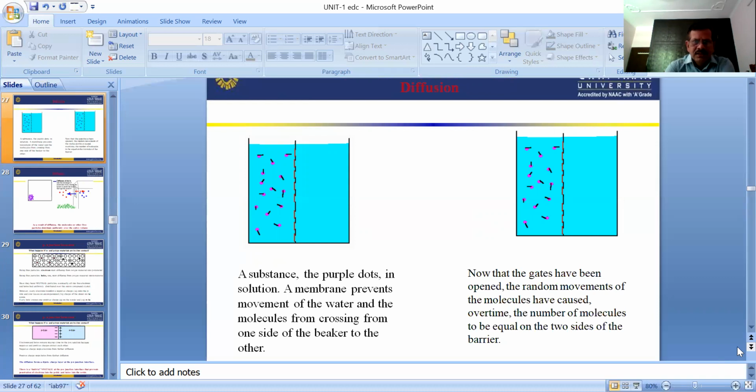This is in the first figure. In the second, now that the gates have been opened, the random movement of molecules has caused, over time, the number of molecules to be equal on the two sides of the barrier. This is the phenomenon of charge carrier movement in a semiconductor device. We can explain it here by the example of a substance of semiconductor materials.